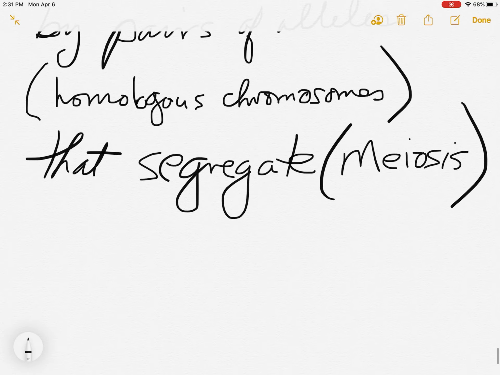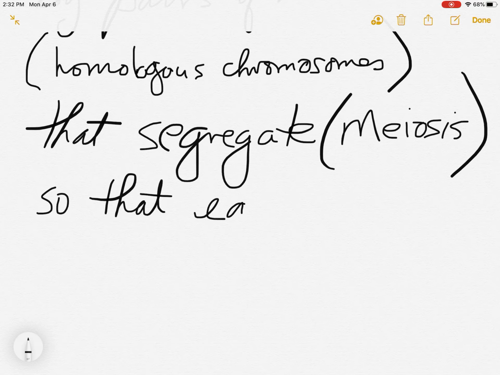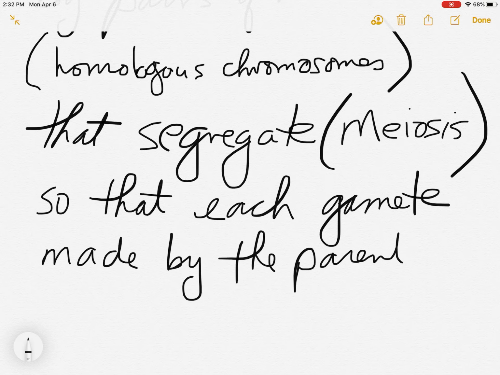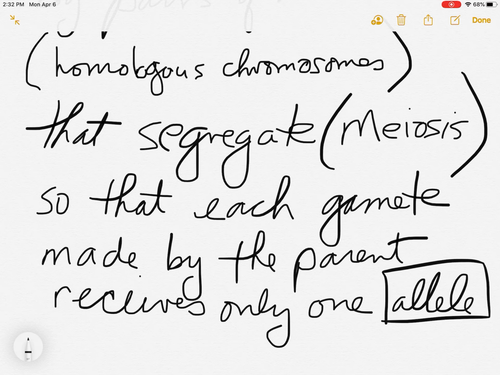So in brackets is our current understanding: that segregate through the process of meiosis so that each gamete, sperm or egg, made by the parent receives only one allele, only one form of the gene.